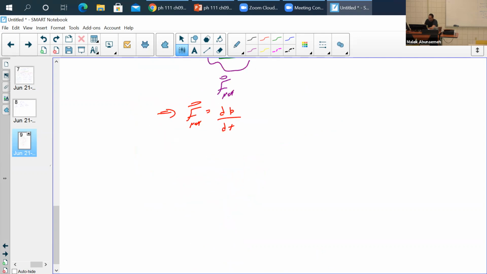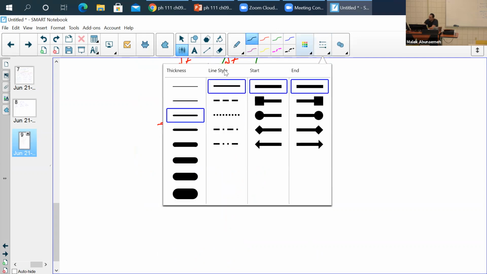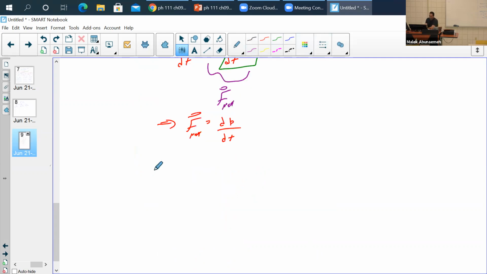Okay, I'm going to make it bigger just a little bit. That means the d momentum is going to equal F dt. Let's take the integration of both sides with respect to t. So you go from t initial to t final.